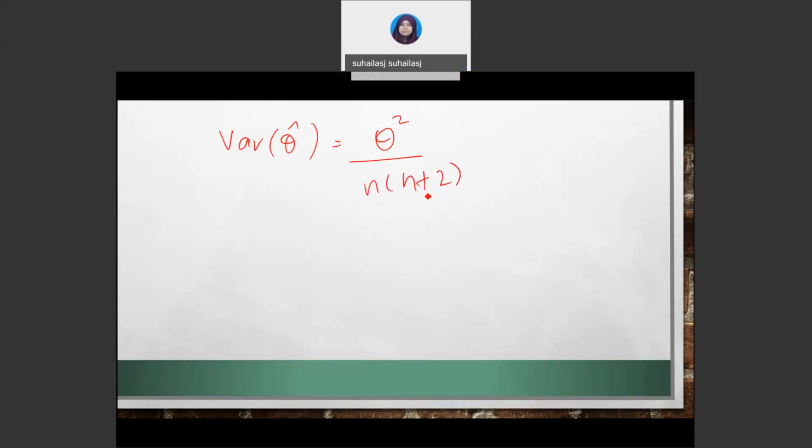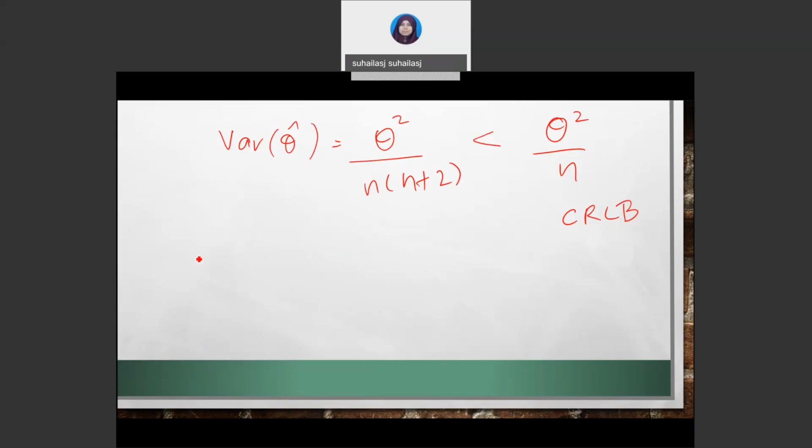You want to compare with your Cramer-Rao lower bound, theta square over n, which is your CRLB. So is theta square over n plus 2 not equal to theta square over n? Is it larger or is it smaller than? Let's say we choose n equal to 1. Substitute into theta square over n plus 2, you get theta square over 3. This one is theta square over n, which is theta square over 1. So that means variance of theta hat is less than the value that you get from the Cramer-Rao lower bound.